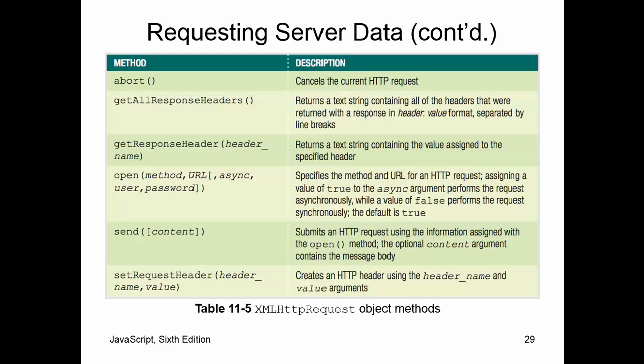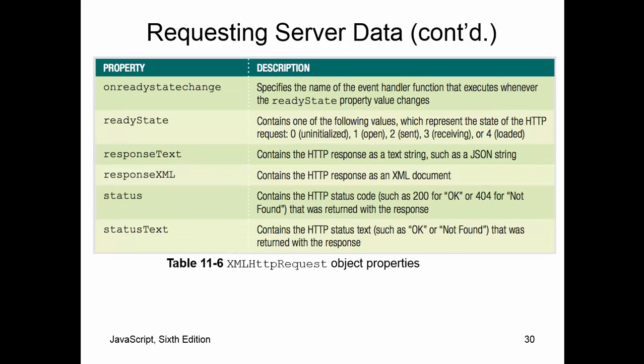The object methods for the XML HTTP request object are shown here and on the next slide. This object is the key to incorporating the functionality. You use its methods and properties along with JavaScript to build and send request messages and to receive and process response messages.